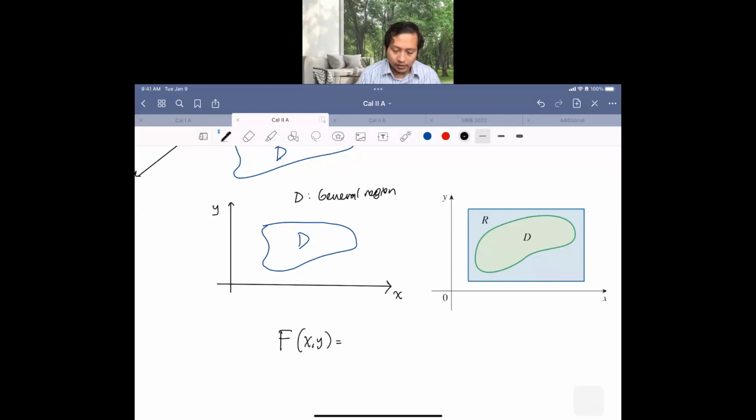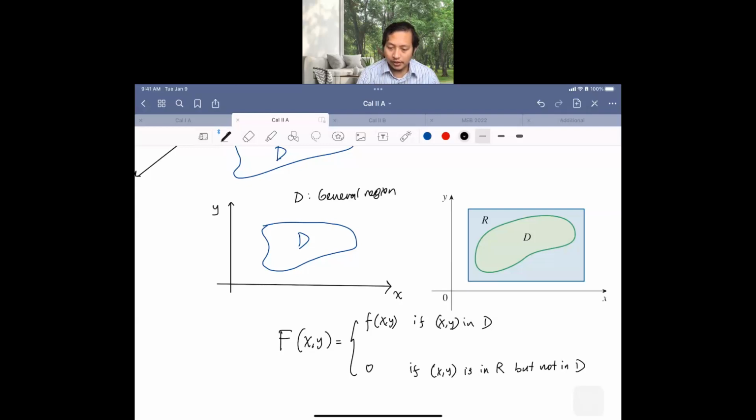That is, it is equal to f(x,y) if (x,y) is in the domain of D, and it will be equal to 0 if the point is outside of D, so it's in R but not in D.